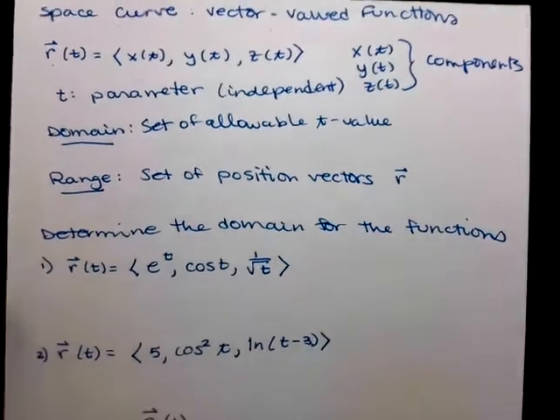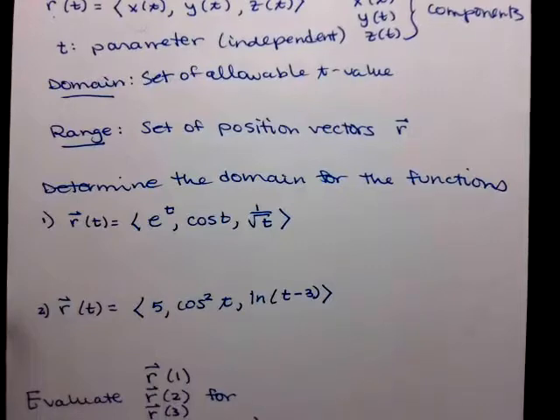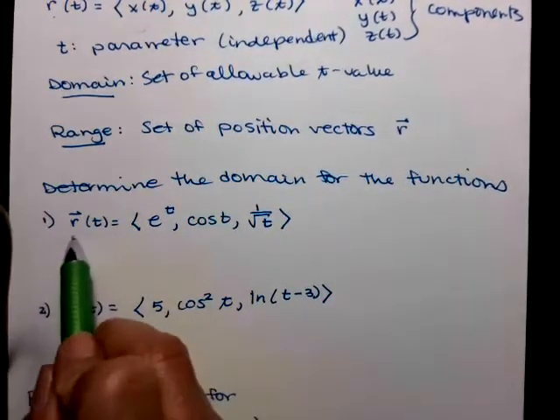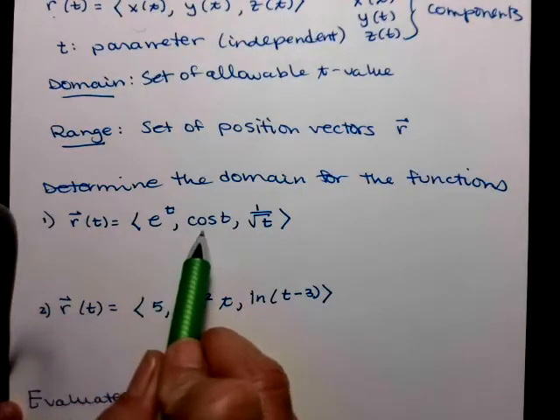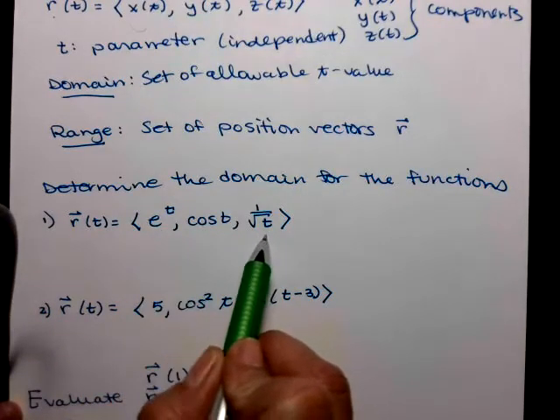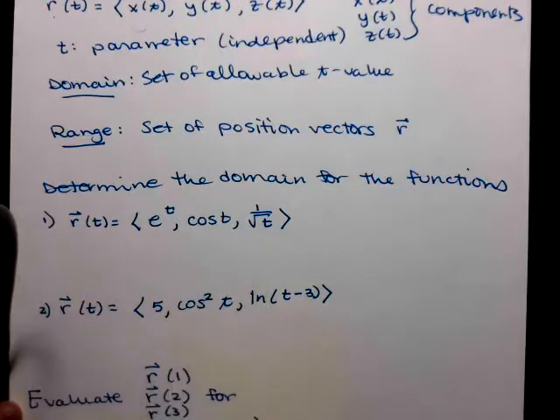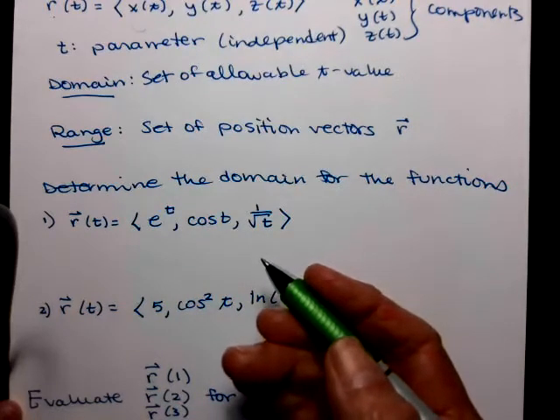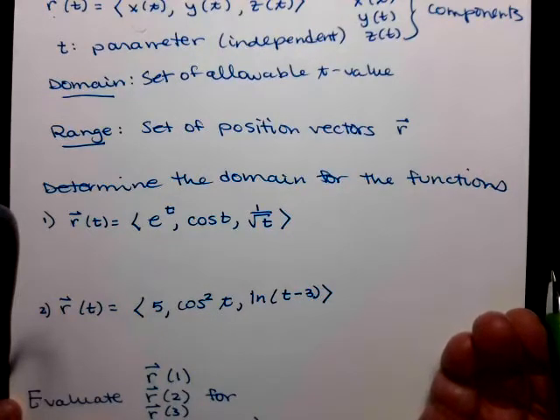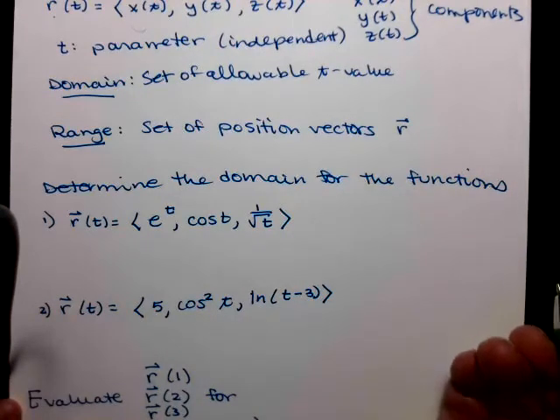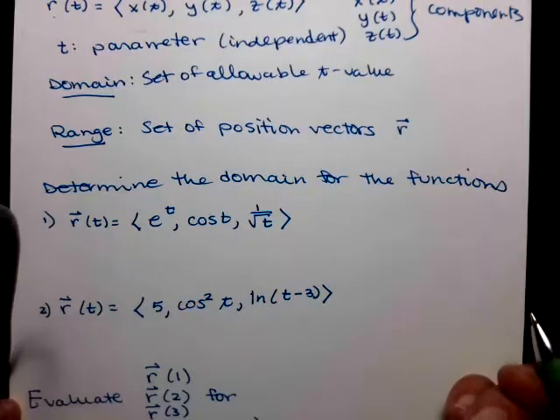Let's find the domain. Determine the domain for these 2 functions. My first function r is e to the t for the x part, cosine t for the y part, and 1 over square root t for the z part. So domain restrictions are the same that you've had all along since you first started talking about functions. The things you have to be careful of: you can't divide by 0.